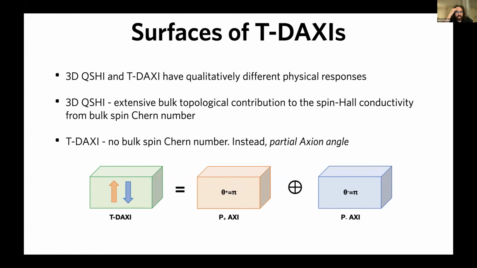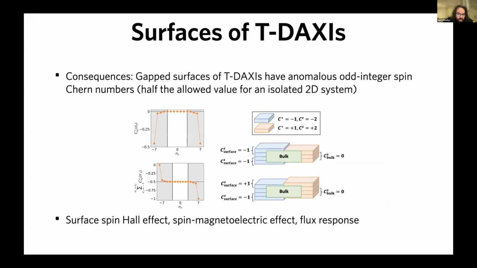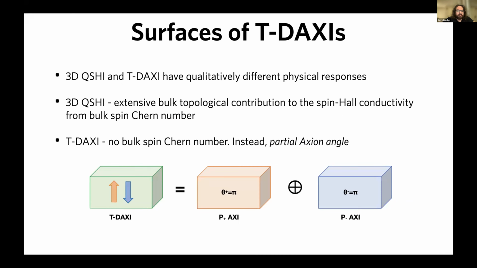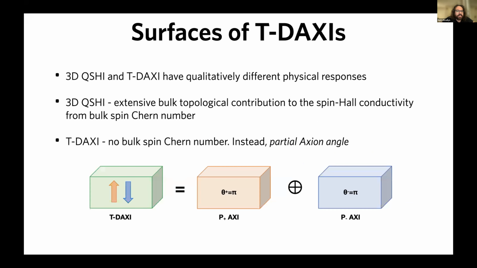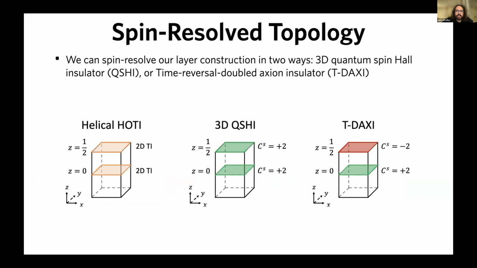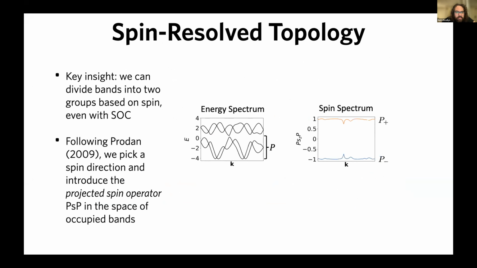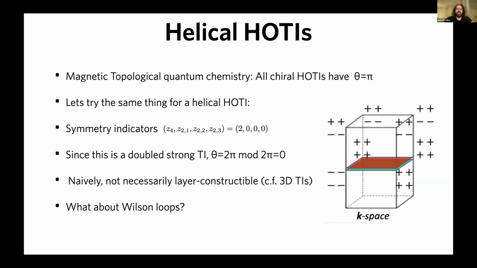So what I can say is that, at least for the simplest picture that I presented here, what we really want to look for are systems that have the symmetry indicators of a helical Hall insulator. So no weak topological invariants and the strong Z4 index equal to 2.